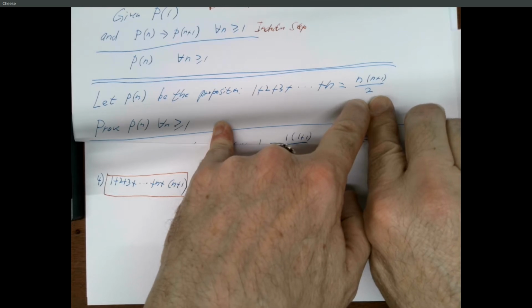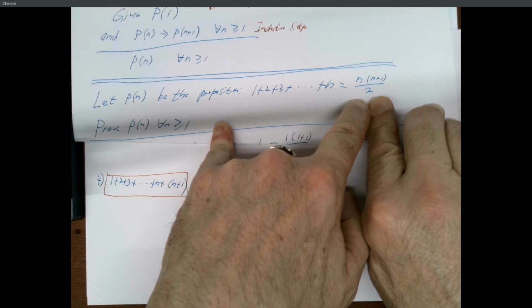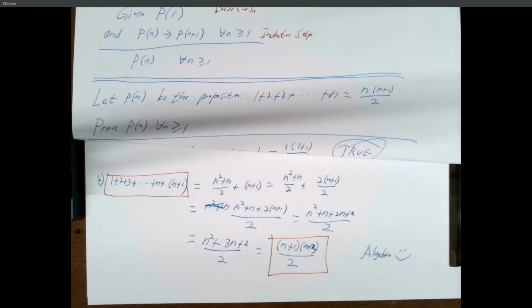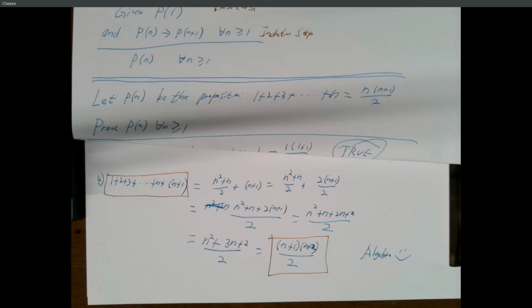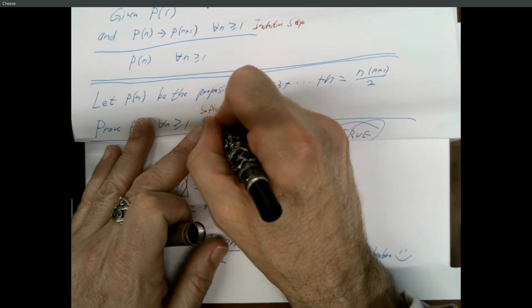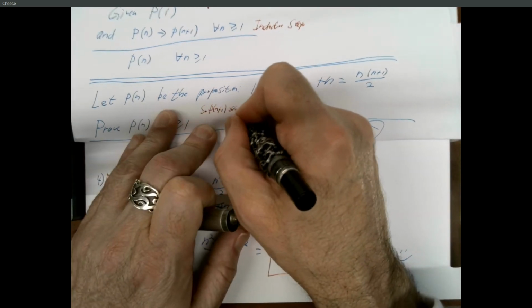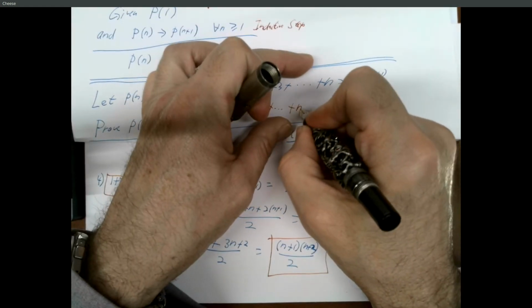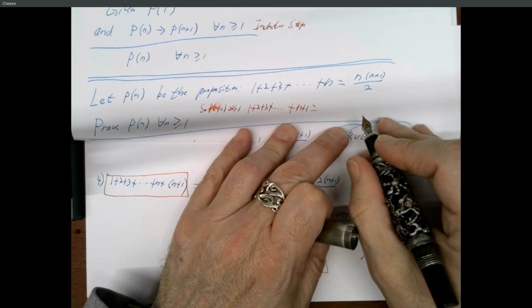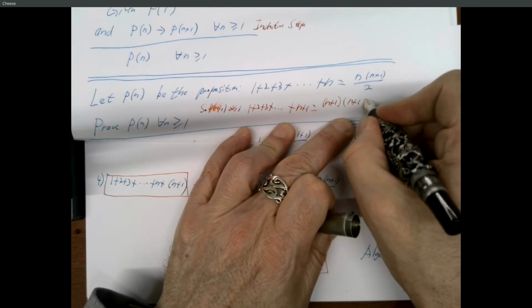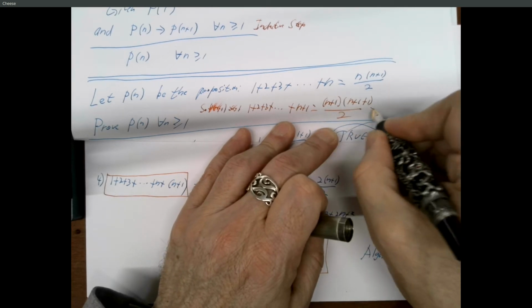Without worrying whether it's true or not, what does P(n+1) say? P(n+1) says 1 plus 2 plus 3 plus all the way up to n plus 1 equals, if I just plug it straight in, (n plus 1) times (n plus 1 plus 1) divided by 2.